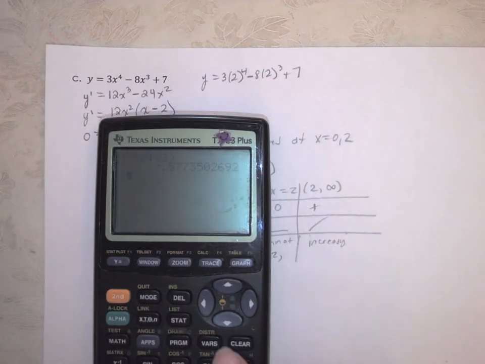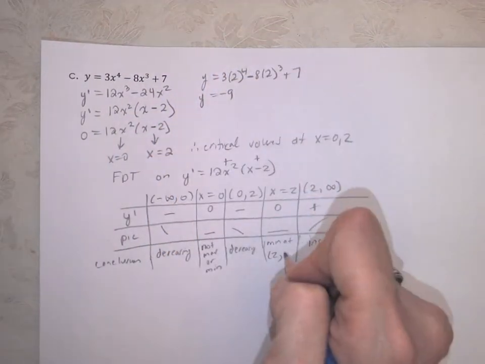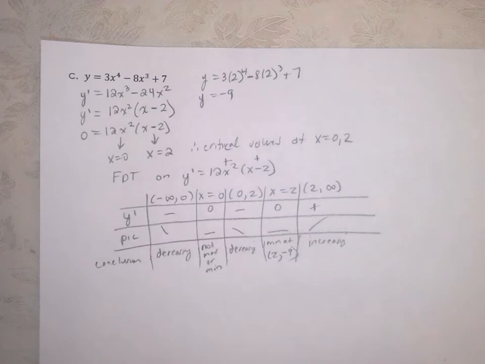So that's going to be 3 times 16 minus 8 times 8 plus 7, negative 9. So we have a minimum at 2 and negative 9.